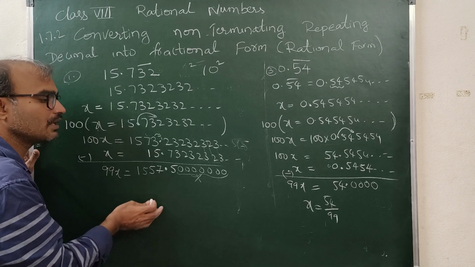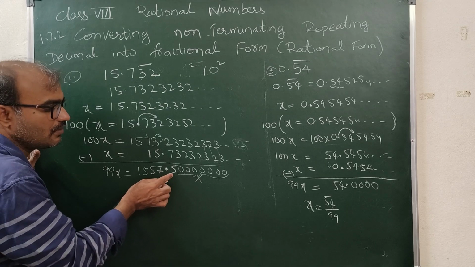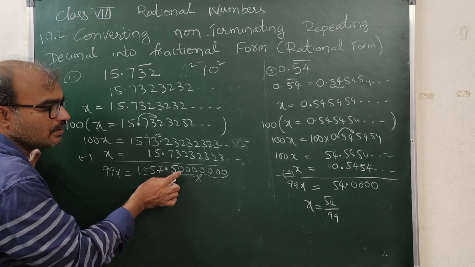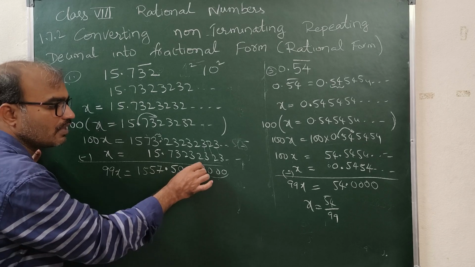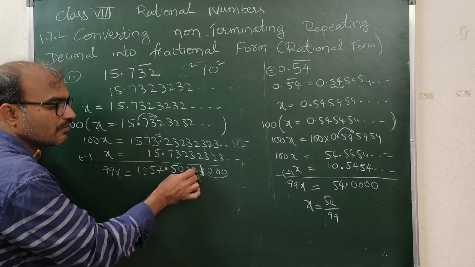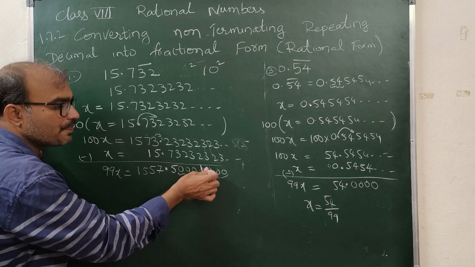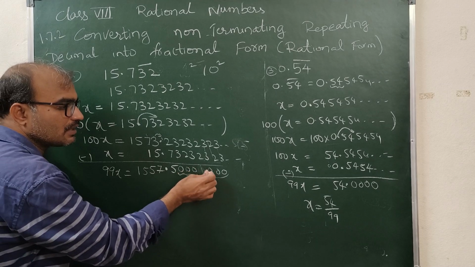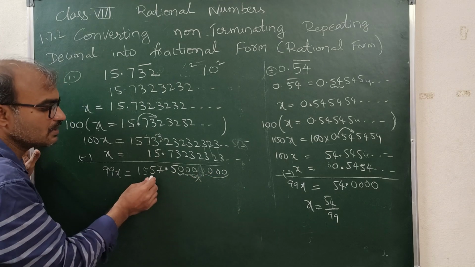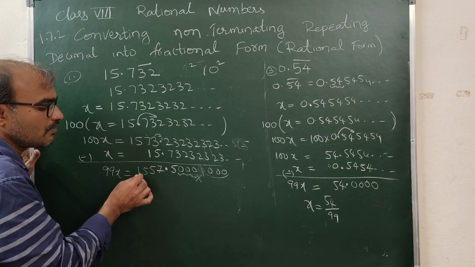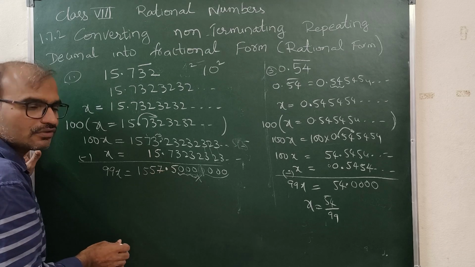So it is a terminating decimal. 5 tenths are there, after that 0 hundredths, 0 thousandths, no value, until a non-zero digit is available. So here it is 1557.5.